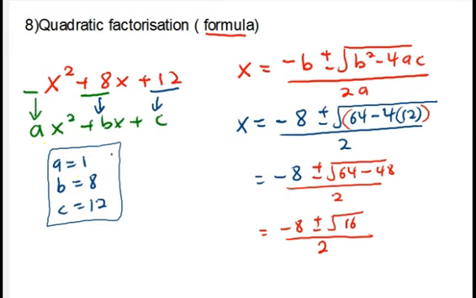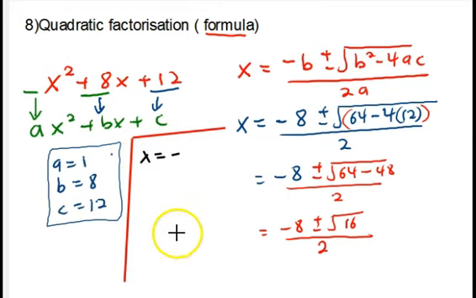Now here we will have an answer. Let me erase this part. The x here will be -8 plus minus 4 over 2. The plus minus means you will have two answers.